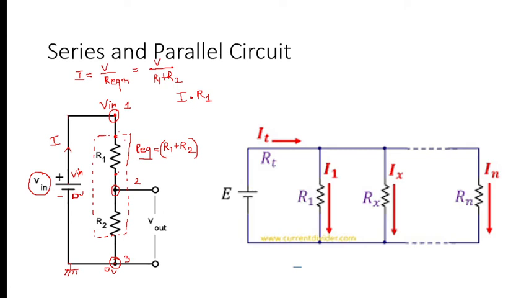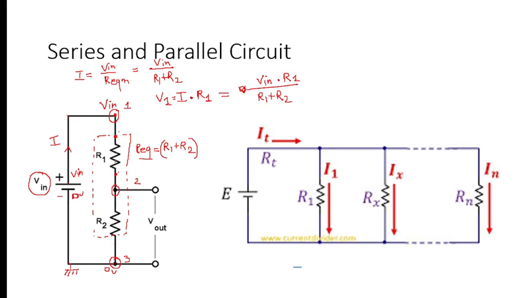This is the voltage drop across the resistance R1, which I will call V1. So what is the magnitude of V1? V1 is V in by R1 plus R2, multiplied by R1. This is the voltage drop at resistance R1.